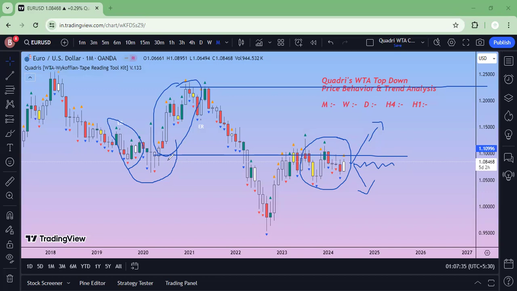Having said that, by using this tool, I normally try to identify the key areas where there is a high probability of supply exchanging hands with demand, or you can say transfer of supply to demand.